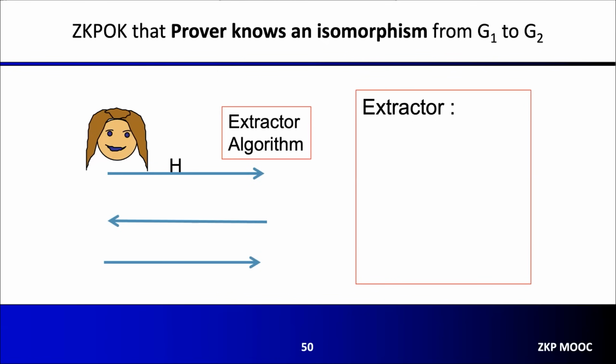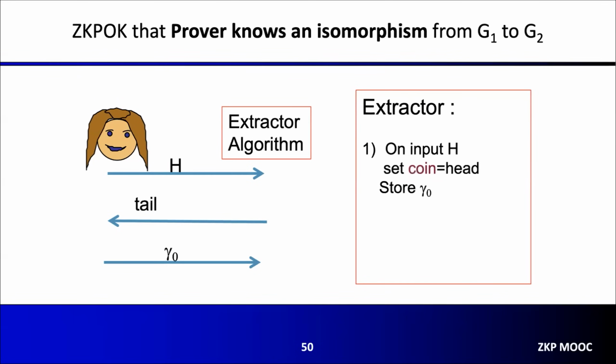Let's show an extractor. The extractor algorithm is allowed to run the prover. The prover sends you a graph H. First, you set the coin to heads, and you get back an answer, which is an isomorphism from G0 to H. Second, you rewind.